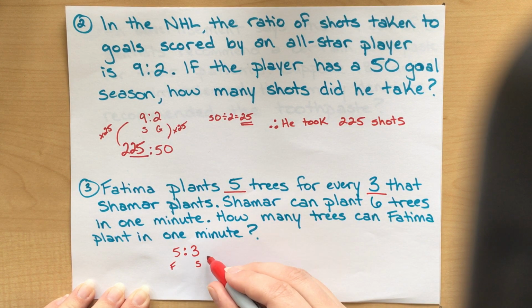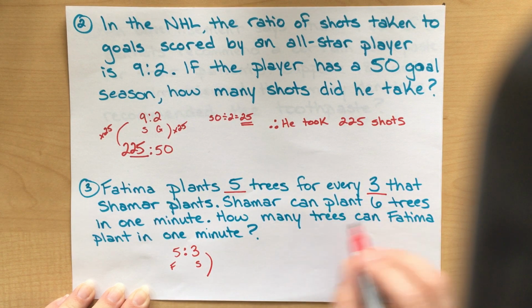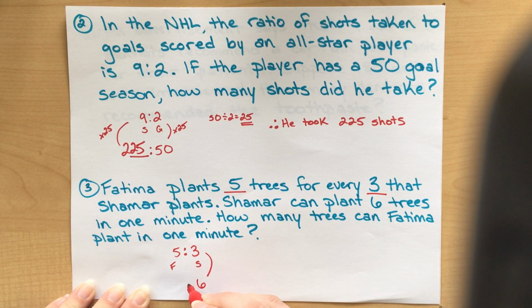Okay? And then we actually create an equivalent ratio where Shamar is planting 6 trees in that 1 minute. That's what that's all equaling in 1 minute. So the equivalent ratio I'm creating now has 6 for Shamar. I need to find out what Fatima would have if Shamar is planting 6.